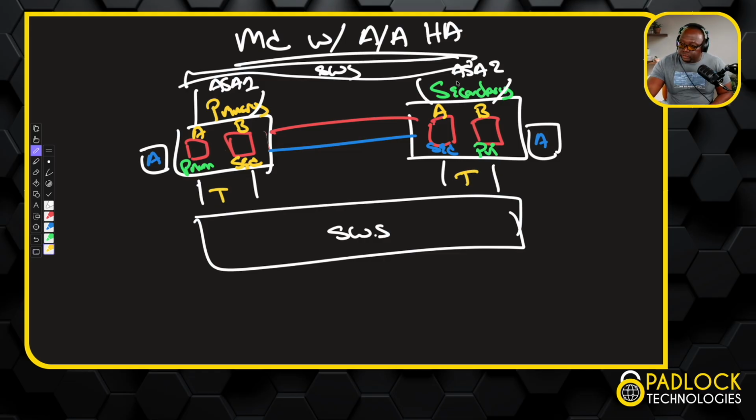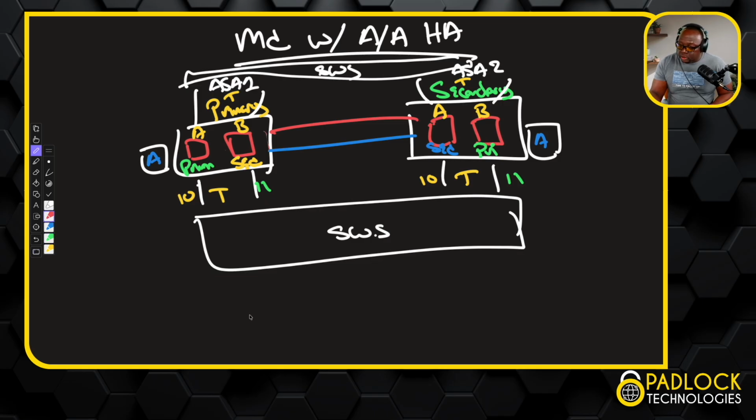I'm just going to use T for right now. You're going to have separate VLANs to do this, all that good stuff. Downstream, this is on VLAN 10, this is on VLAN 11, and this is what I actually did in the lab.